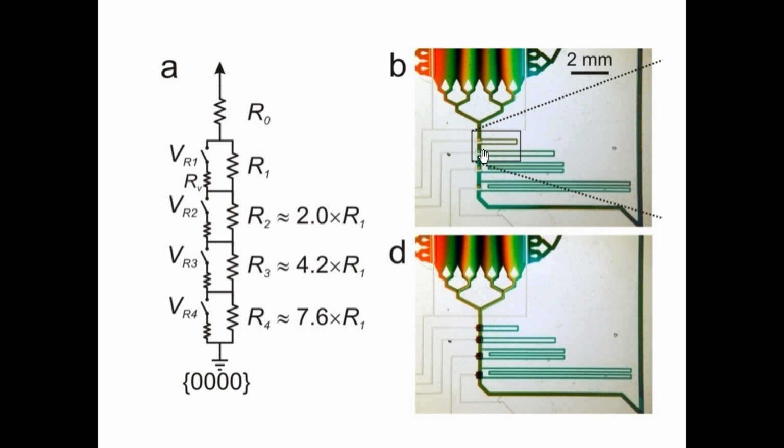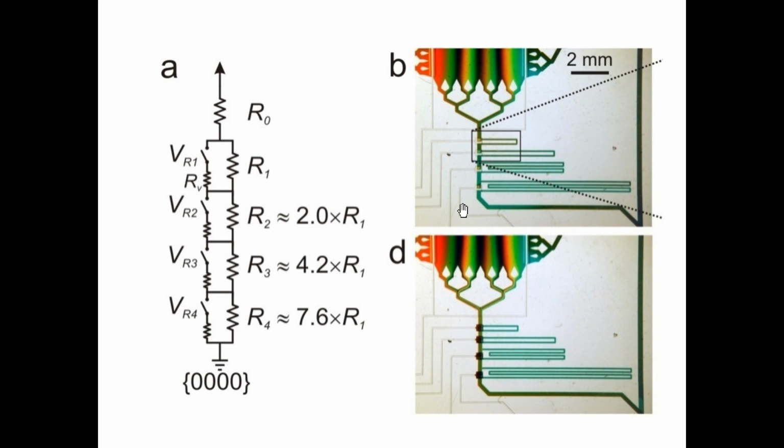Okay, so you could have a series of valves that controls segments of different lengths, and by controlling which segments are turned on and which segments are turned off, you can get, in this case with 4 valves, 2 to the power of 4 different combinations of resistances.